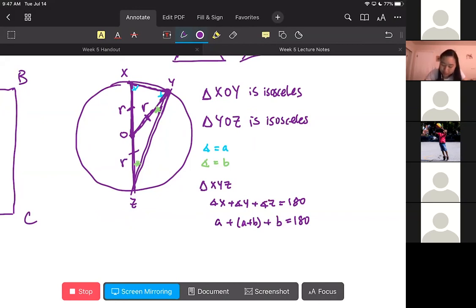All right, and we don't have to solve for A and B because we just picked an arbitrary point. A and B could be anything, but we can note that we could rearrange this as 2 times (A plus B) equals 180.